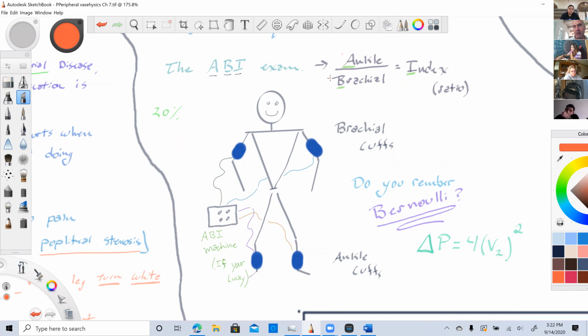Ankle brachial. Ankle over the brachial. In other words, we divide one of those by one of those, and we get an index, a ratio. Okay, so pretty easy.